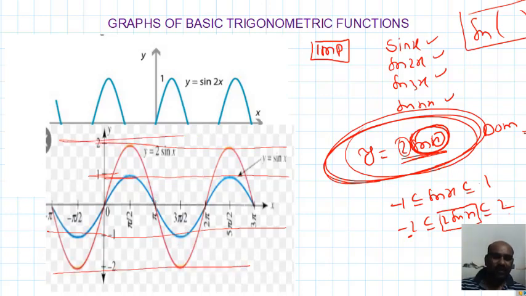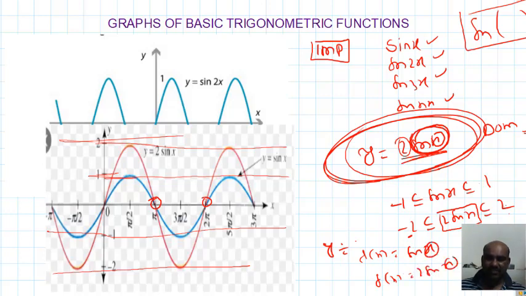Understood? Where they intersect the x-axis is the same for both, f of x equal to sin x and f of x equal to 2 sin x. That's why the ranges vary, the domains are the same, and where they intersect the x-axis is also the same.